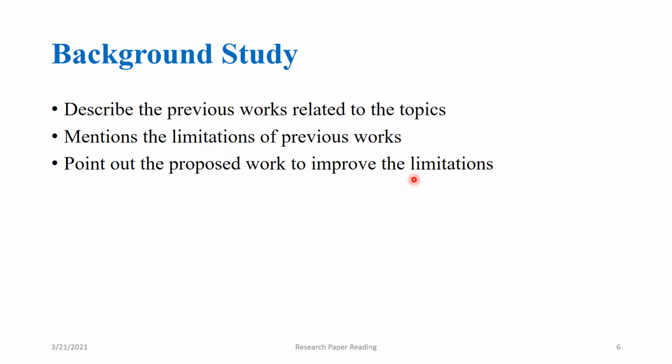My goal is to improve the current problem or the current limitations. So I have to make a link, not very thoroughly, but I have to mention a little bit how my proposed work is going to improve the current situation or solve the current problem.